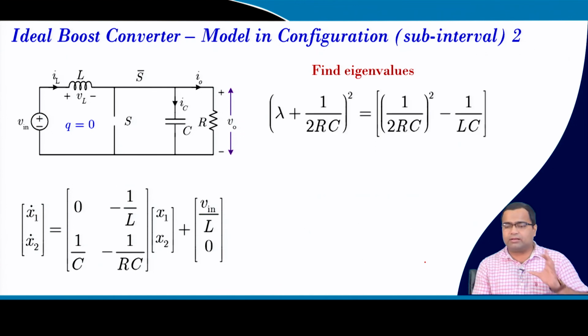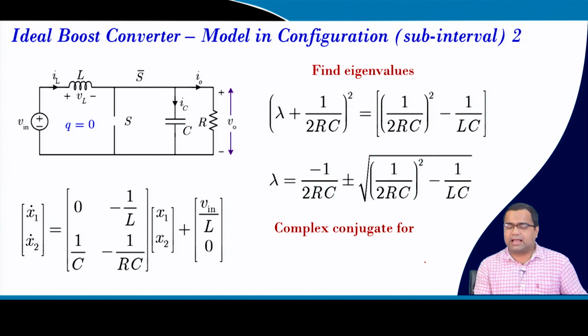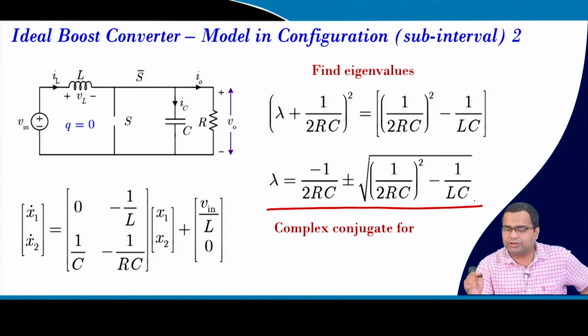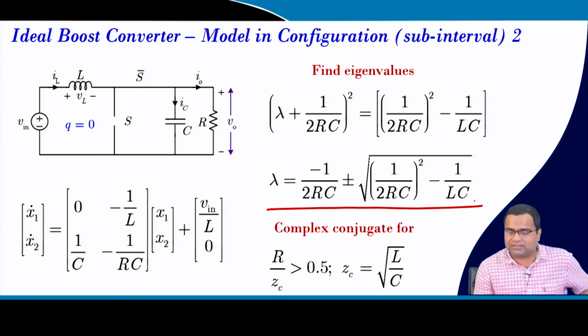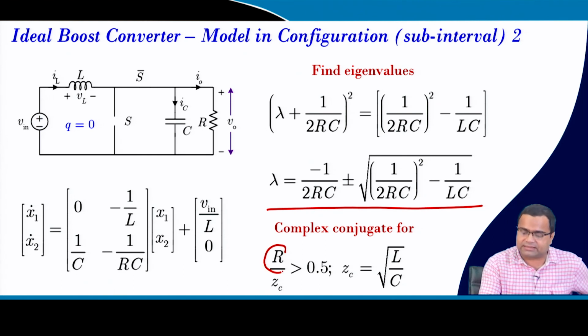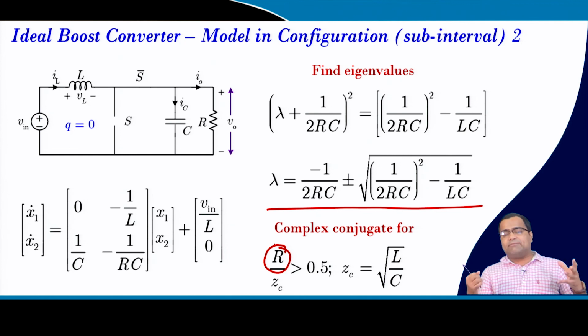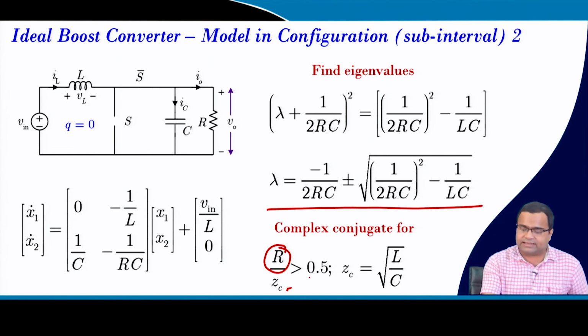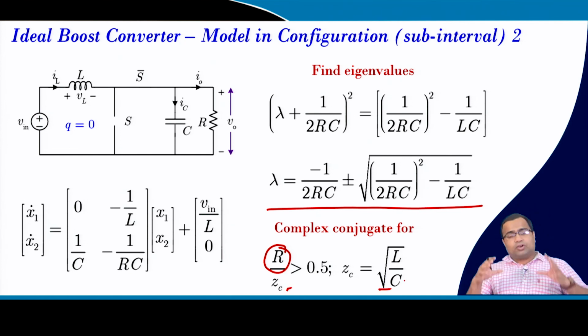Then we will find the eigenvalues, which will look like this, and they will be complex conjugate if the resistive impedance is greater than 0.5 times the characteristic impedance ZC, which is here. We have already discussed in the MATLAB demonstration how a complex conjugate eigenvalue looks.